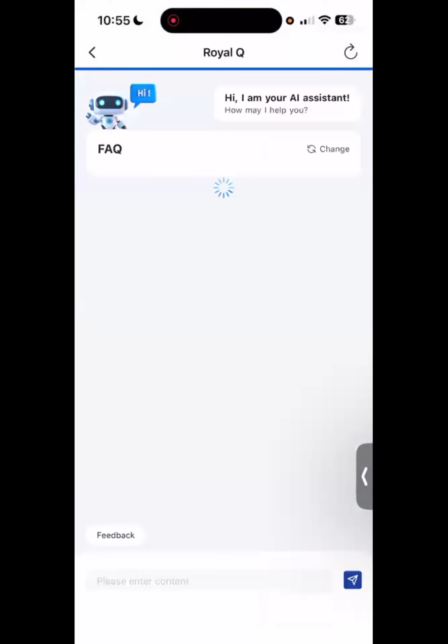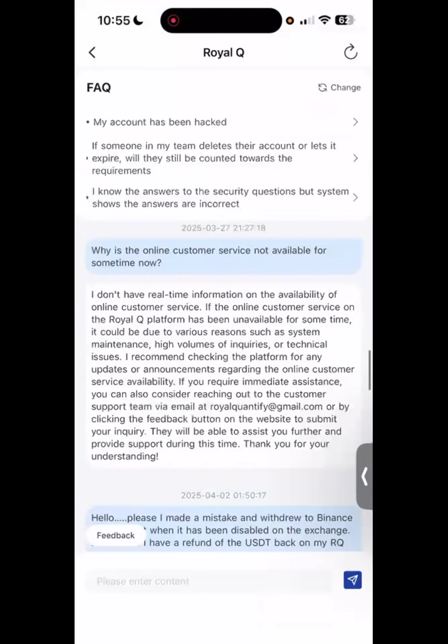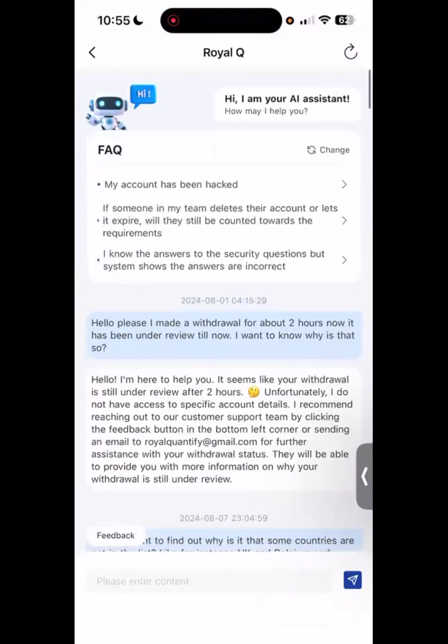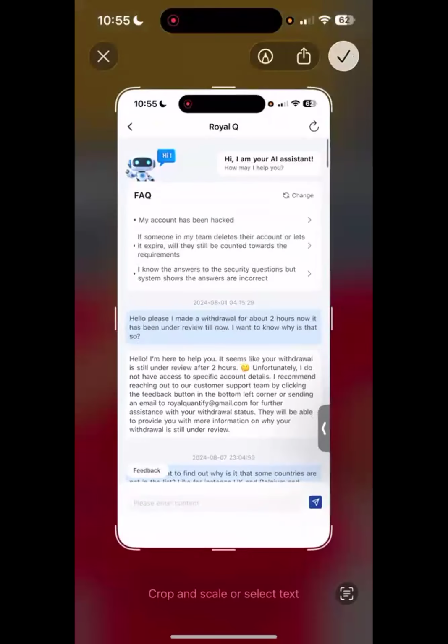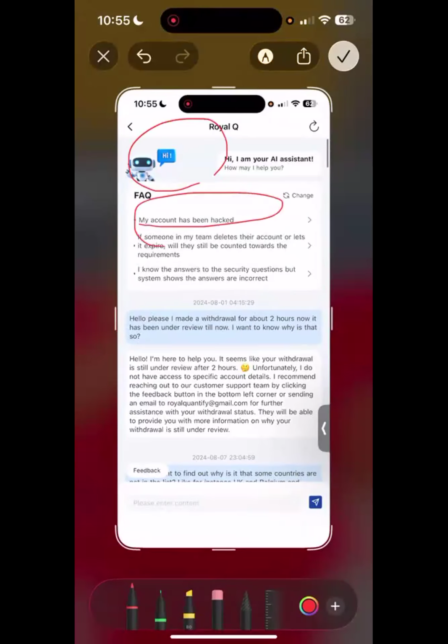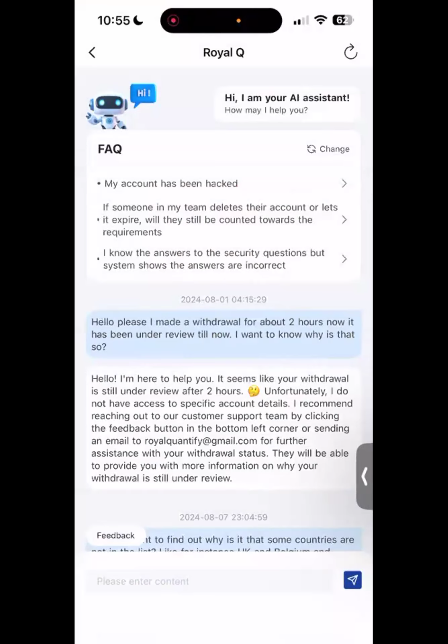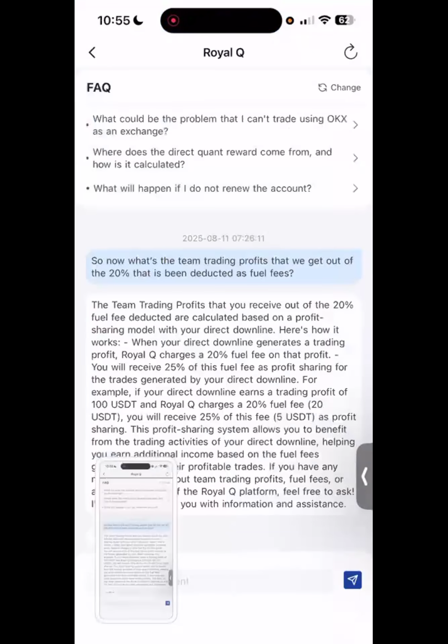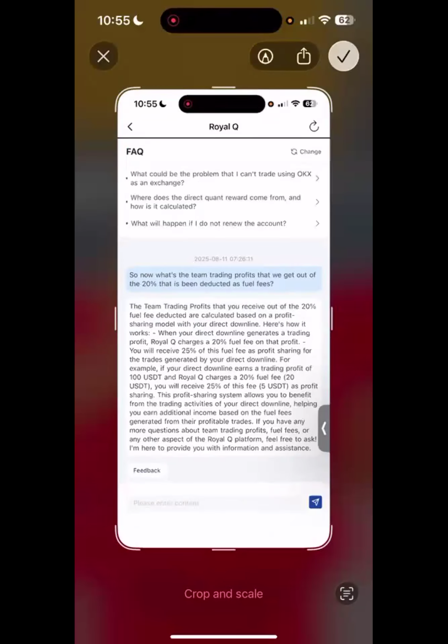RoyalQ feedback. So this is where you can contact the RoyalQ support. The robot is at the top there where you can chat with them. Okay. Someone said my account has been hacked. Hey. So frequently asked questions. If you want to know the answer, you go there or you tap on feedback over here.